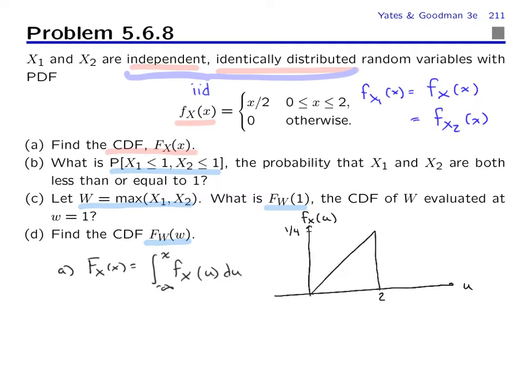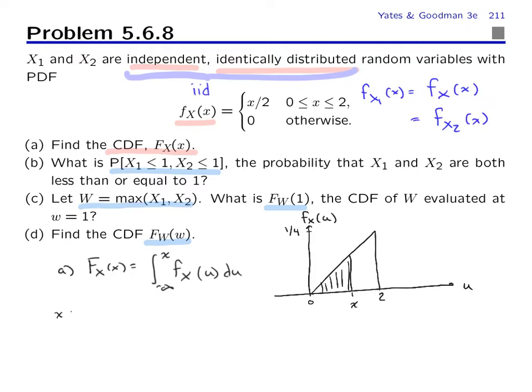Now what this integral says is that if we choose some particular value x, the CDF is the area under the curve up to that x. So it's this area.